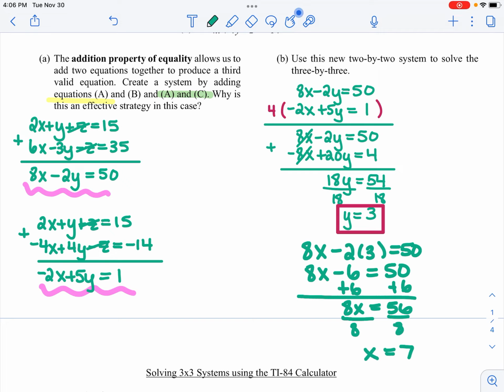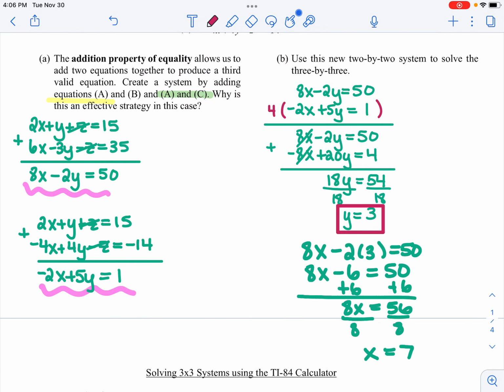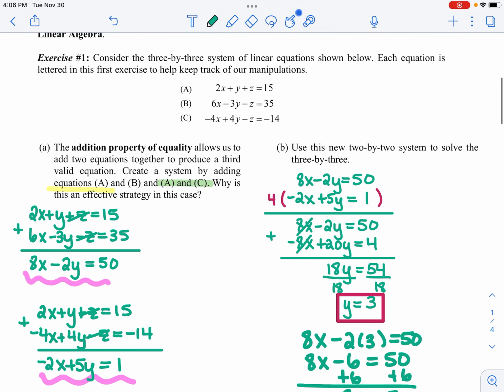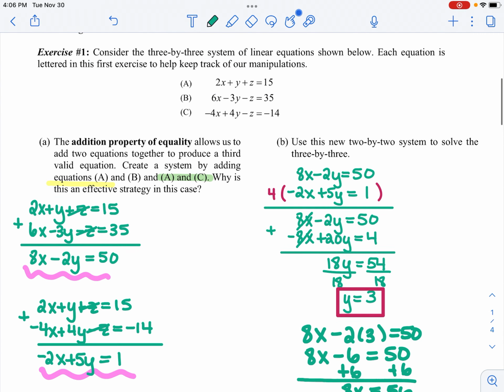So now we have another one of our variables known to us. And it's only now that we have two known variables, y is 3, x is 7, that we can go all the way back to the original 3 by 3 equations and plug these values in to get the third remaining variable, in this case z. So let's take x is 7 and y is 3 and plug in to get z.